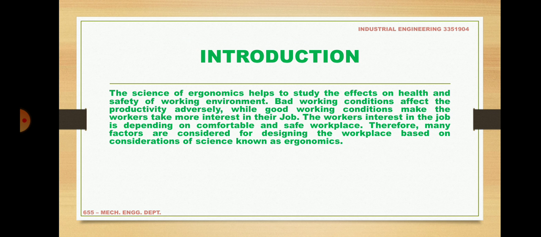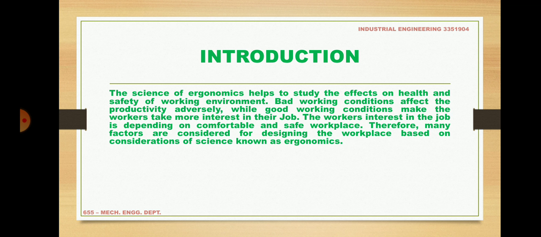Bad working conditions affect the productivity adversely. If the person works in a bad working condition which has no light, high level of noise nuisance, bad atmosphere, it adversely affects the productivity.